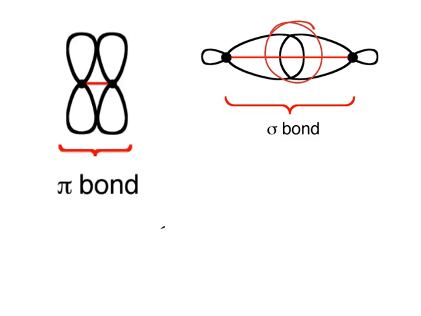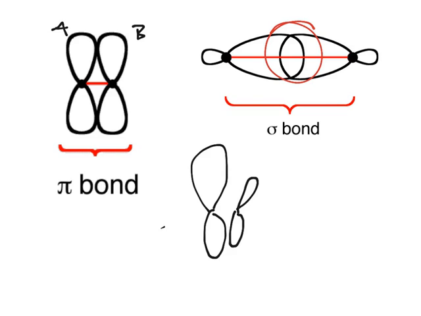when you try and flip a pi bond, let's say you want to flip, let's call this molecule A and molecule B. Let's say you try to flip molecule B, you will have molecule A stay the same, and molecule B will be like this pretty much. So if one is vertical, the other one is horizontal.